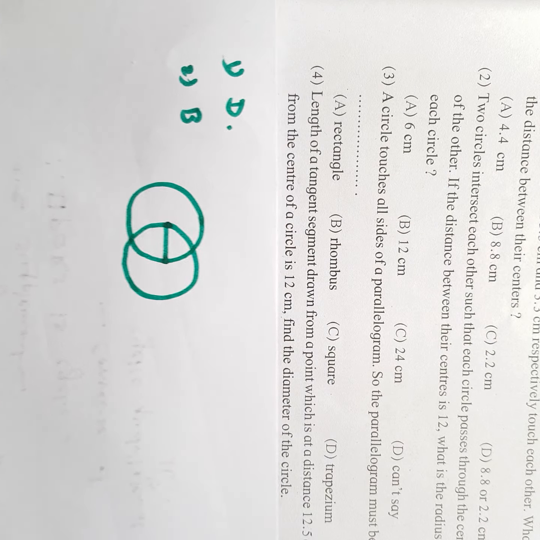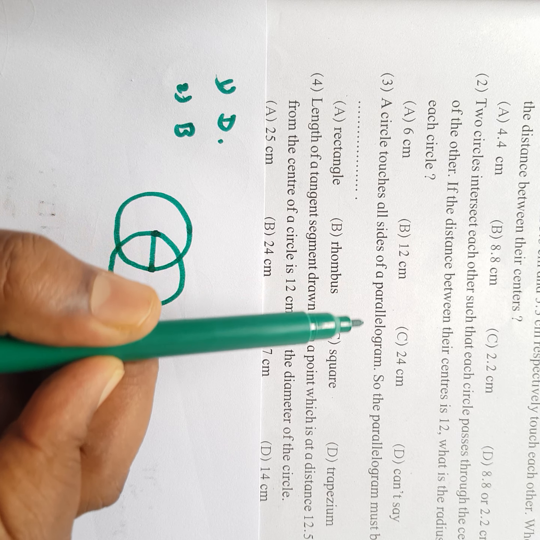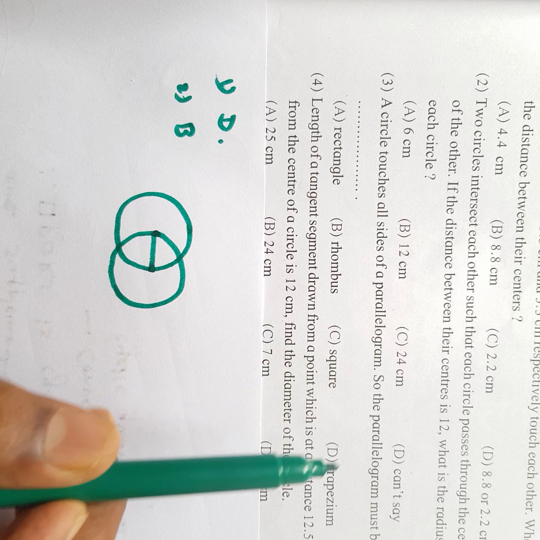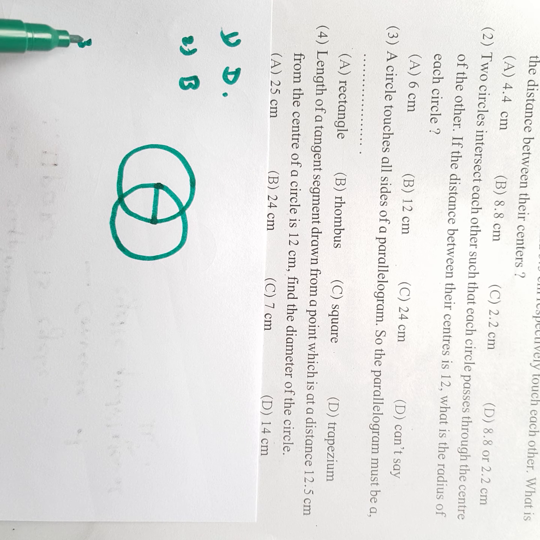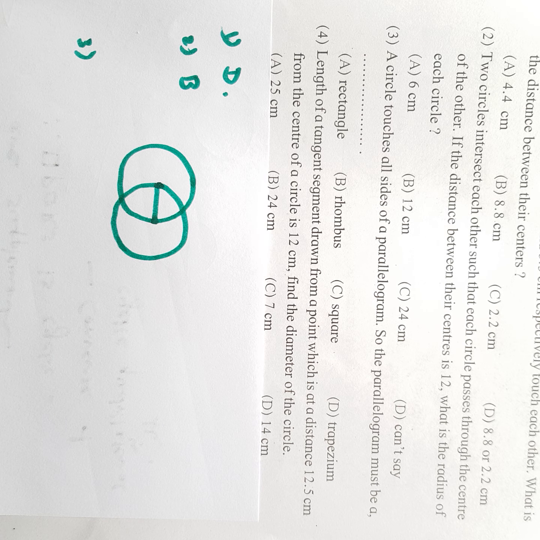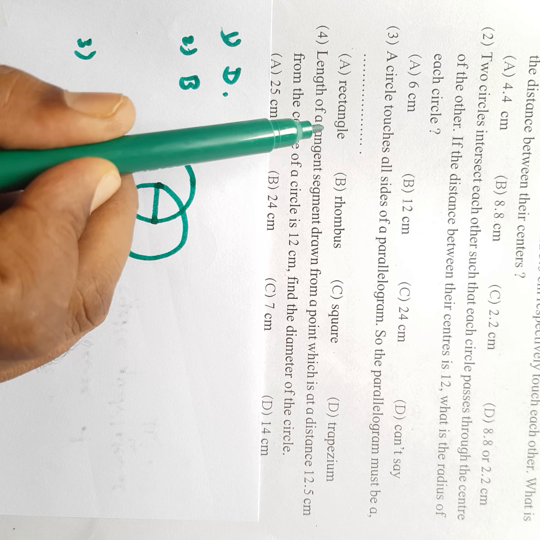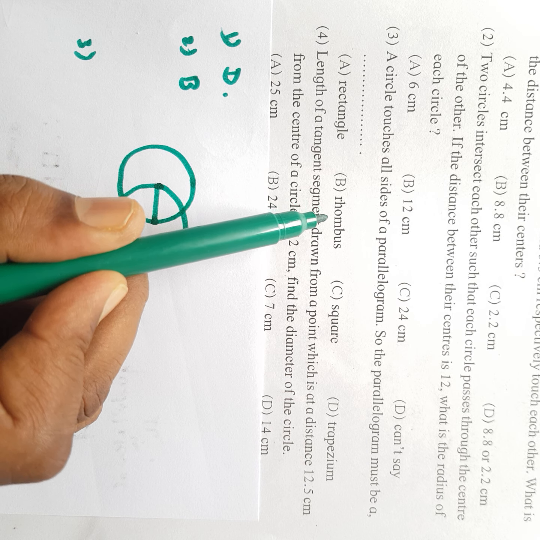Then there is the third example: a circle touches all sides of a parallelogram, so the parallelogram must be a dash dash. If a circle touches all sides of a parallelogram, that means all sides will be congruent, and if all sides of a parallelogram are congruent, then it is a rhombus.